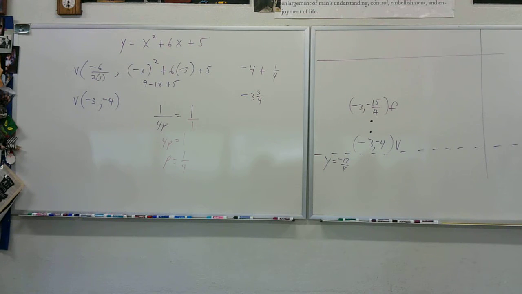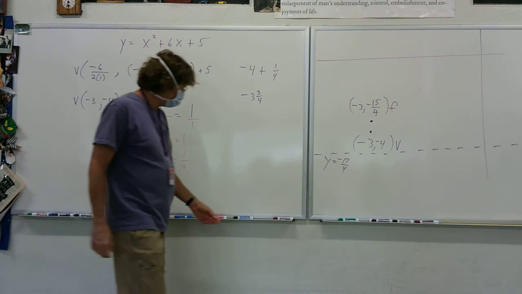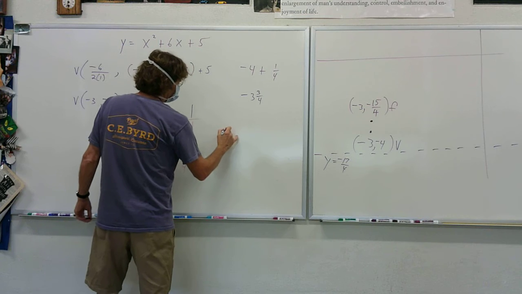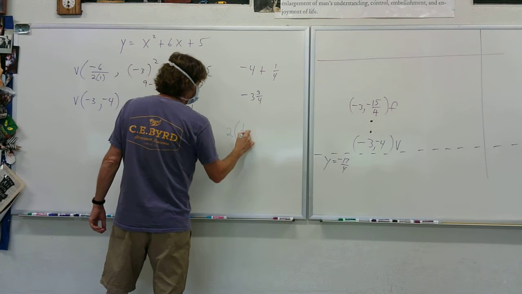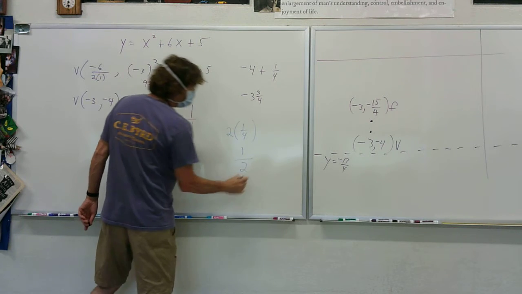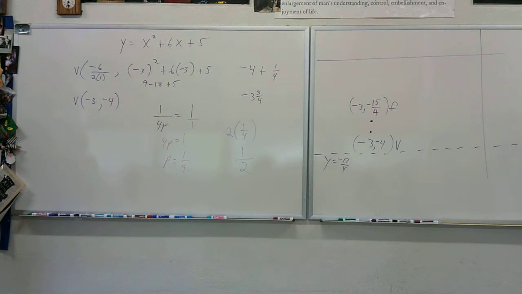Okay, now what do I have to do to the p-value? Multiply by 2. So I take the p-value and I multiply it by 2. 2 times 1/4, 1/2. So I'm going to count the left 1/2 and count the right.